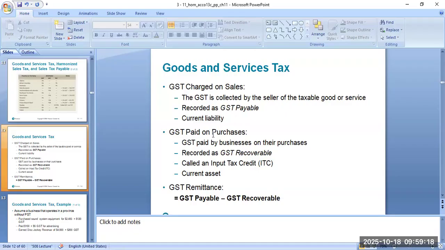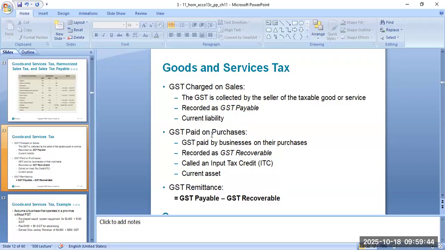So the government is using the corporation or the entity as a mailbox, which temporarily collects the money from the sales and then has to forward it back to the government, the Canada Revenue Agency. Now, every time the corporation or entity purchases, it has to pay the GST as well.